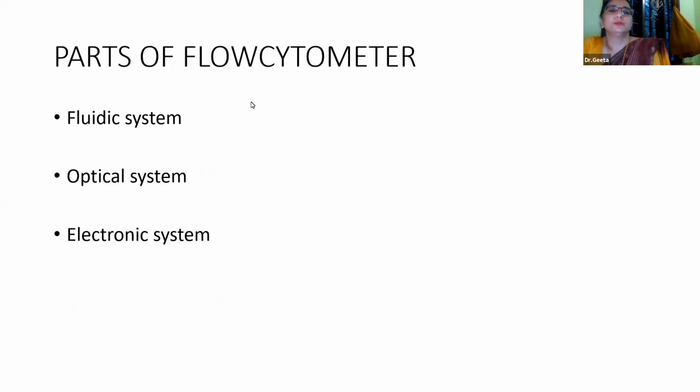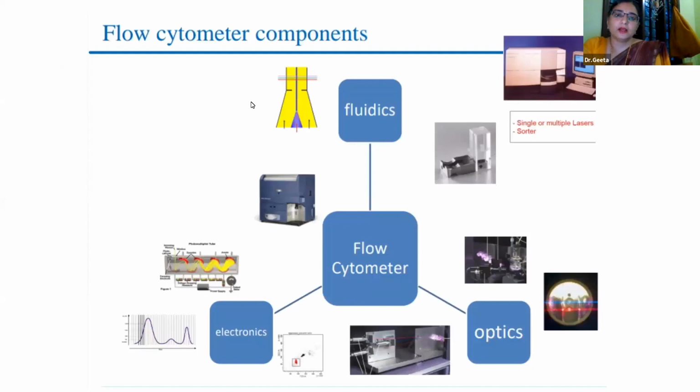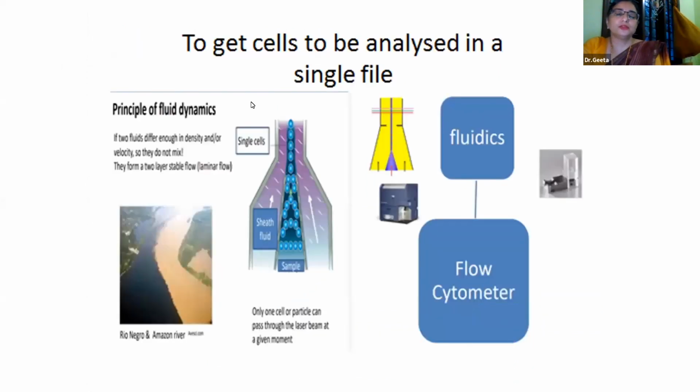Now coming to basics of the flow cytometer. It has 3 parts: the fluidics, the optical system, the electronic system. The fluidics basically is a further refinement of the technique which is also used by the routine CBC analyzers, wherein there is hydrodynamic focusing and laminar flow.